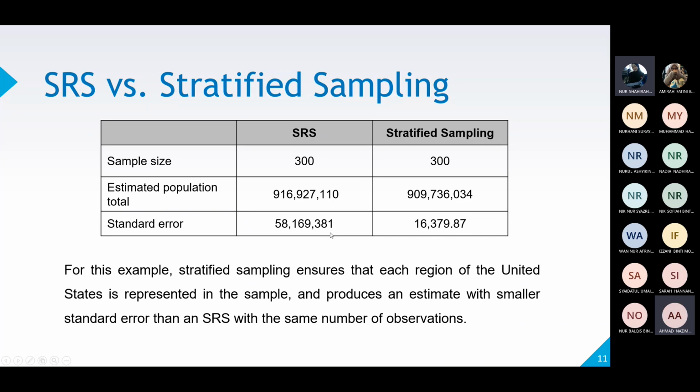For this example, stratified sampling ensures that each region of the United States is represented in the sample and produces an estimate with smaller standard error than simple random sampling with the same number of observations. Even though we have the same number of observations, the difference in the standard error is huge. So we can conclude in this example that the stratified sampling technique is much better compared to simple random sampling.